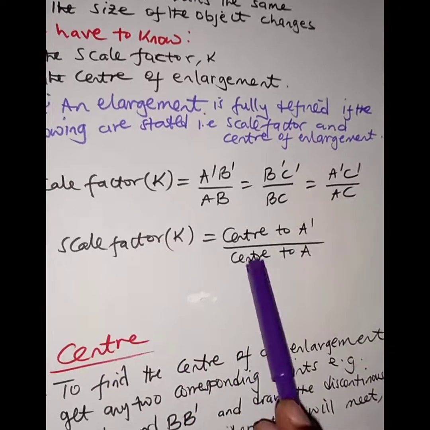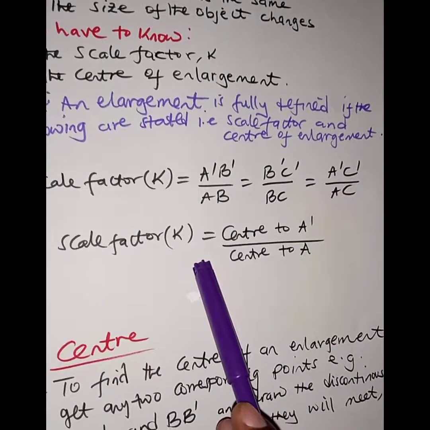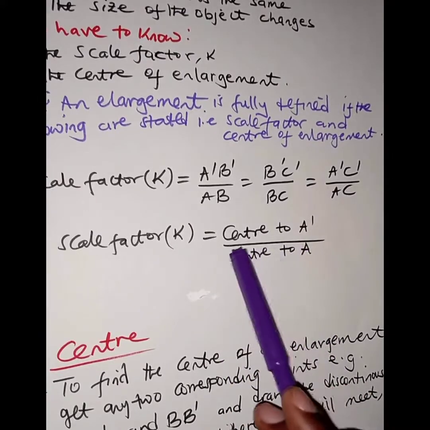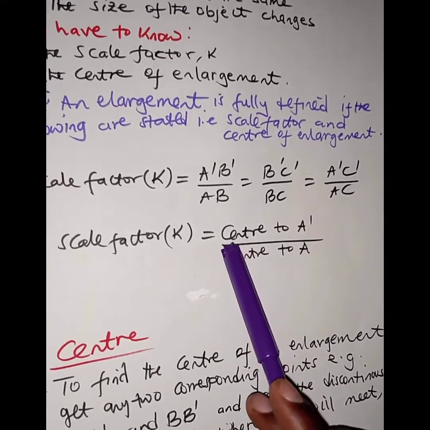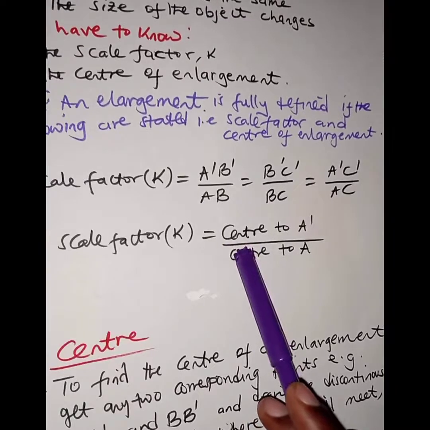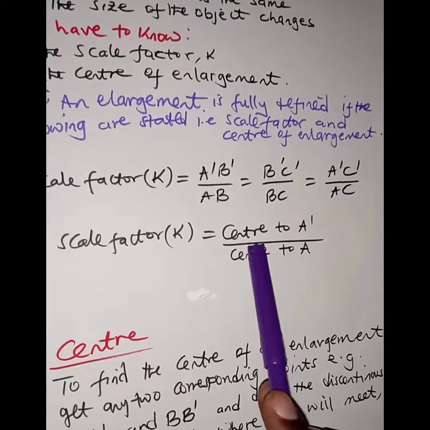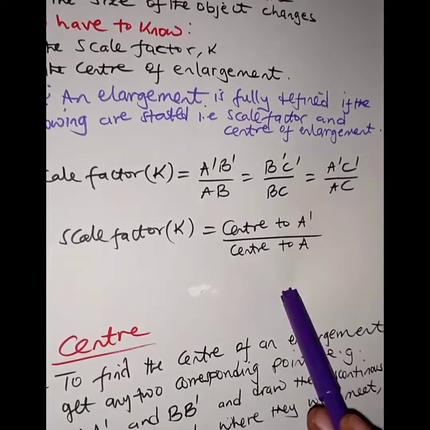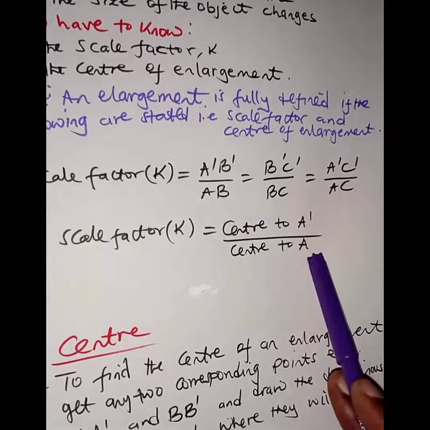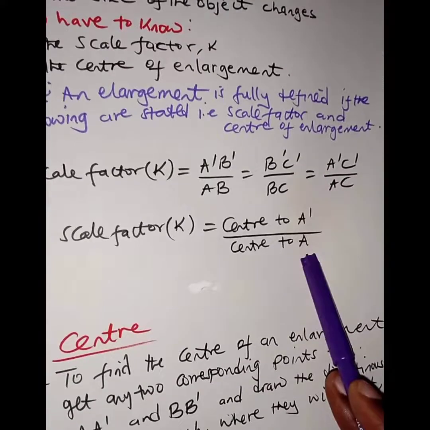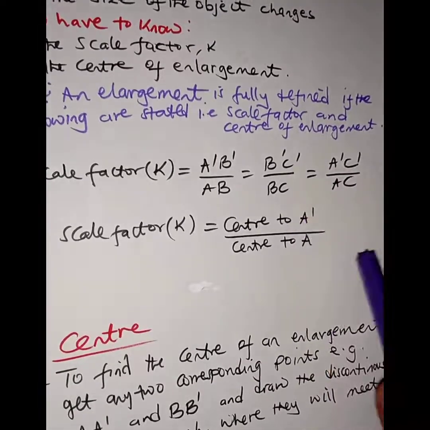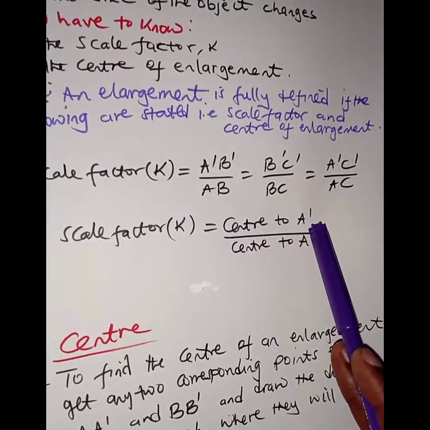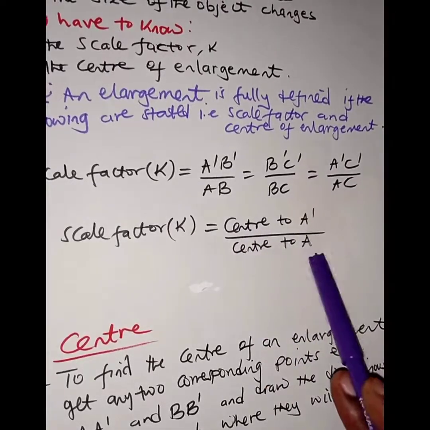There are times you can also use this method for scale factor. You can count from the center. If you know the center of enlargement, you count the units from the center to its image, maybe image A, over from the center to its object, in this case object A. Measure the length from the center to the A image, over the center to A object.